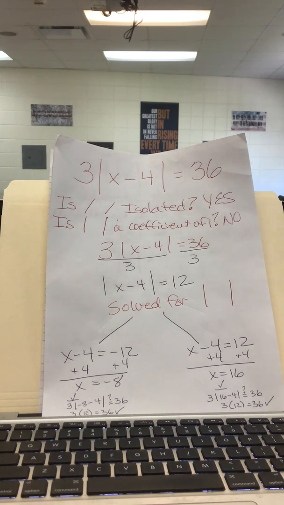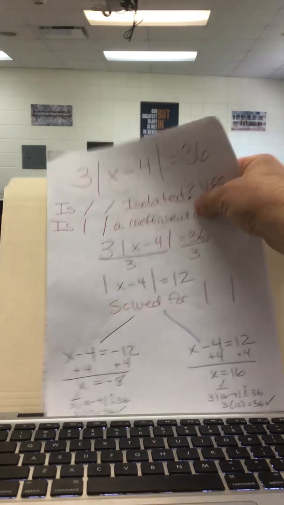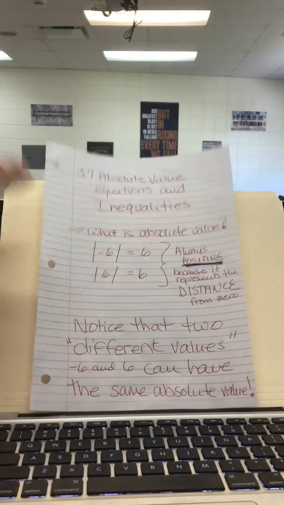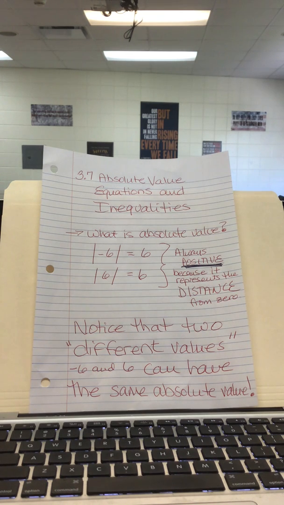So, quick review. Absolute value is always positive because it represents the distance from 0. If I have a variable inside absolute value bars, it can actually have 2 different values in order to get the same absolute value.